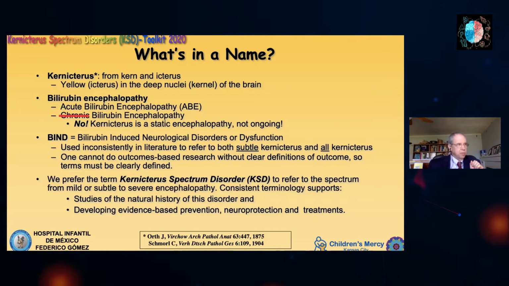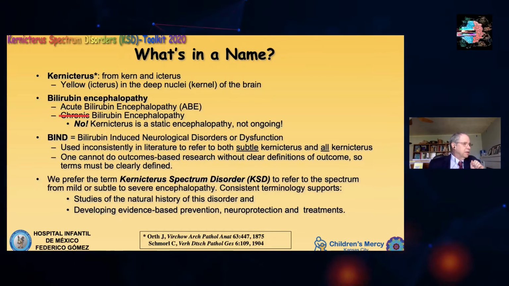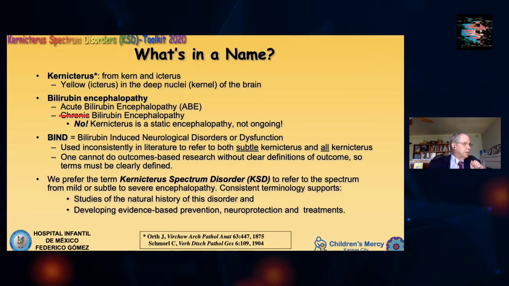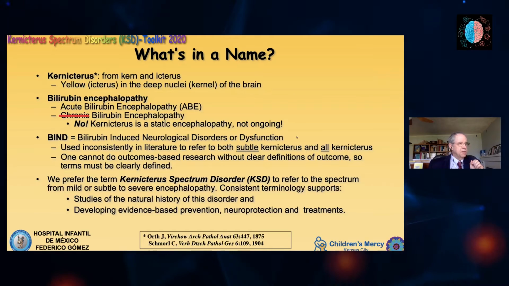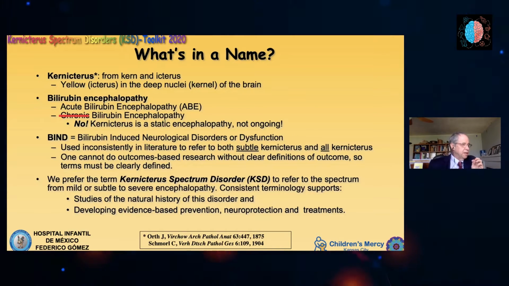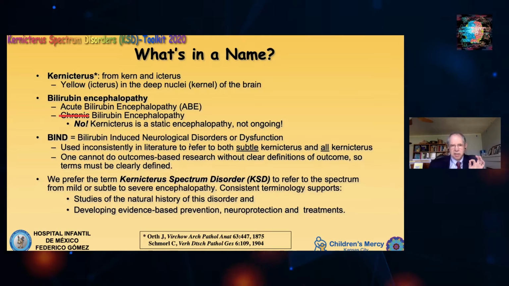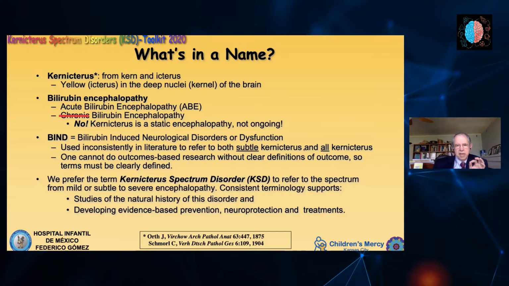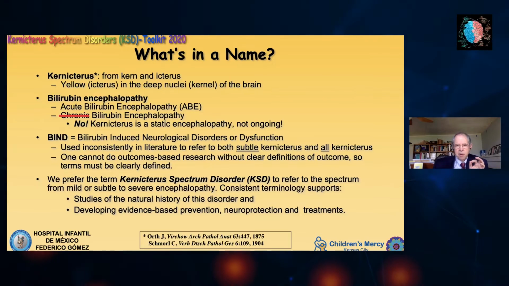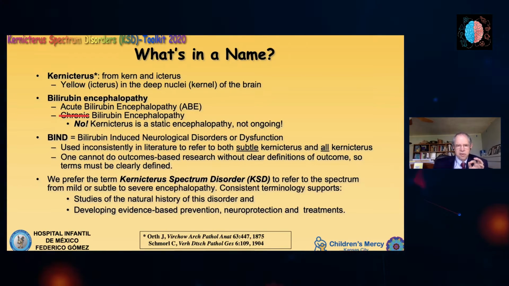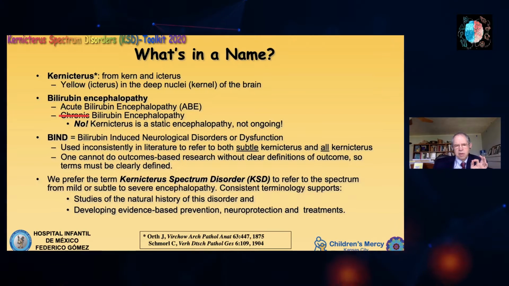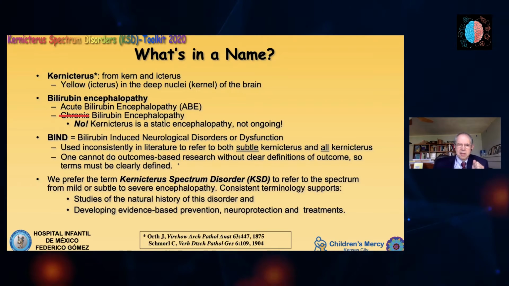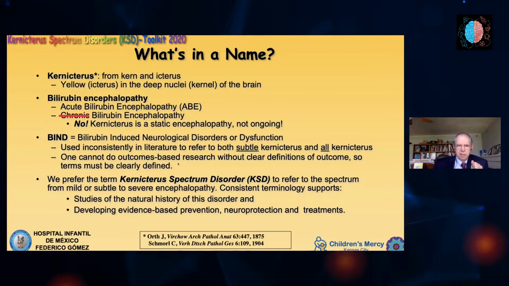So we're just calling it bilirubin encephalopathy or kernicterus. BIND is a term that's been used a lot, bilirubin-induced neurological dysfunction. The problem is it's used inconsistently in the literature to refer to both subtle kernicterus and all kinds of kernicterus, from subtle or mild to severe. And one can't do outcomes research without clear definitions of outcomes, so terms must be clearly defined.